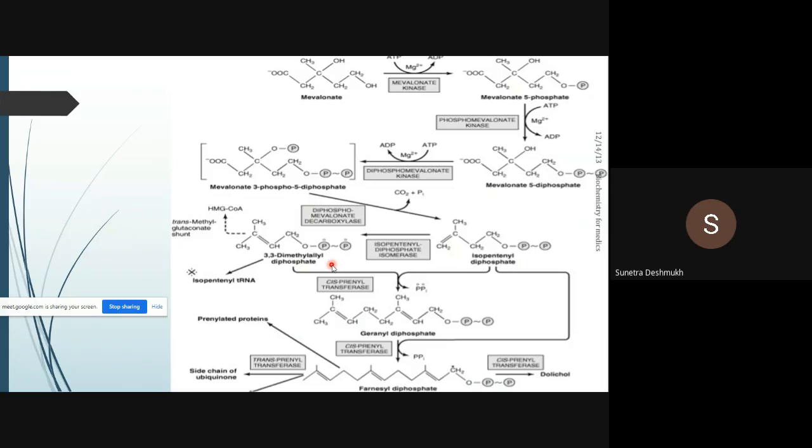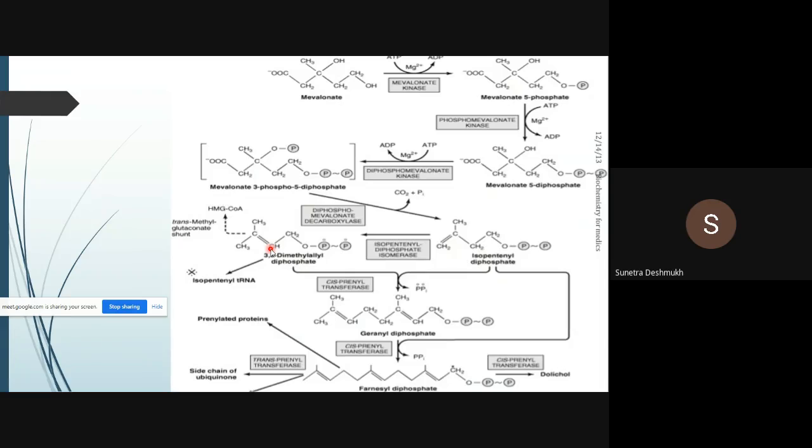Remember, if exams will be online, then you have to draw all these things in your answer sheet, so be careful regarding the structures. Count the carbon atoms, carbon numbers, and then you can draw the structures. Once you got DPP here, dimethylallyl diphosphate, from the IPP, isopentenyl diphosphate, converted to dimethylallyl diphosphate.